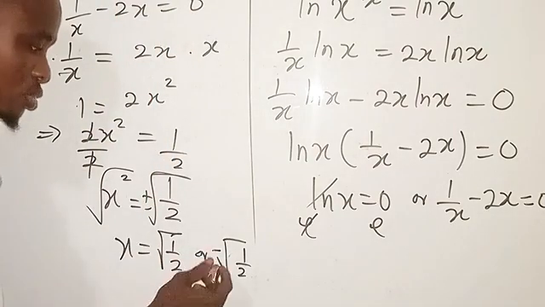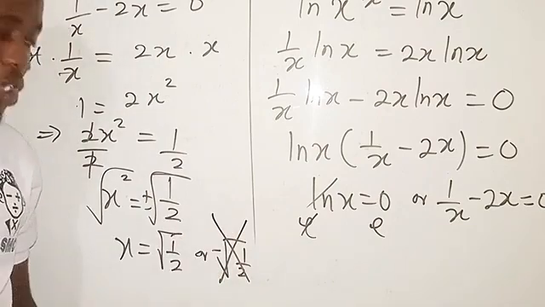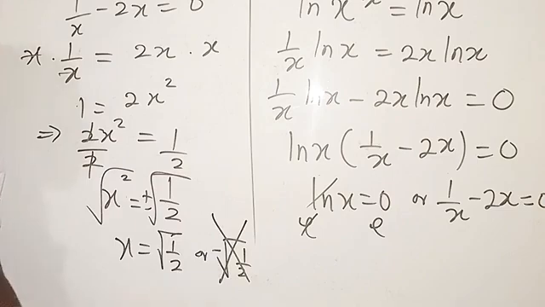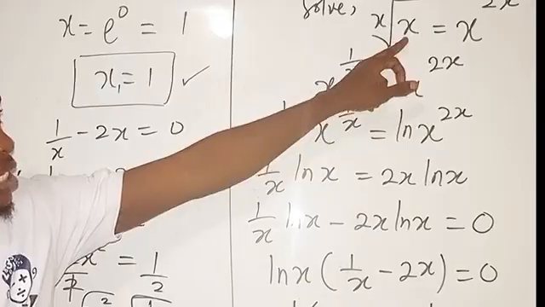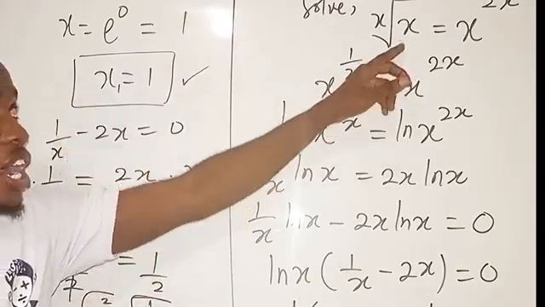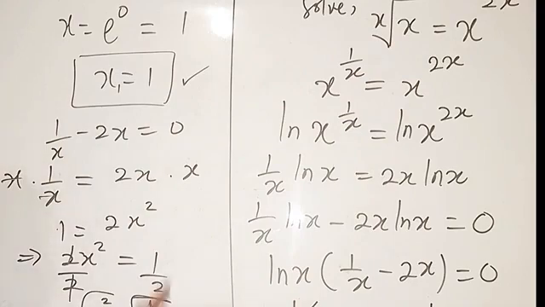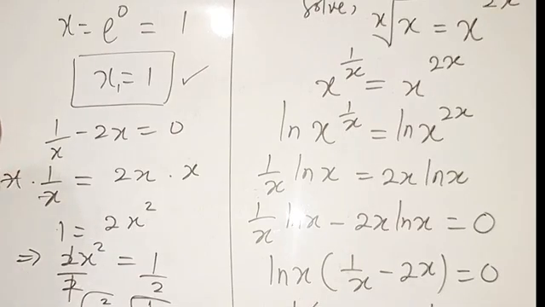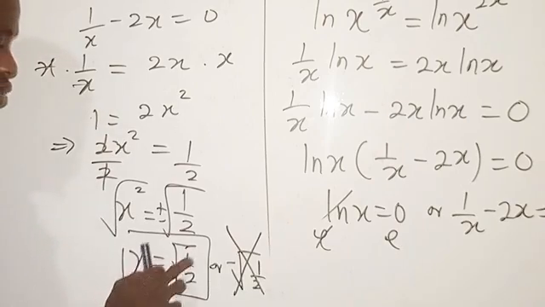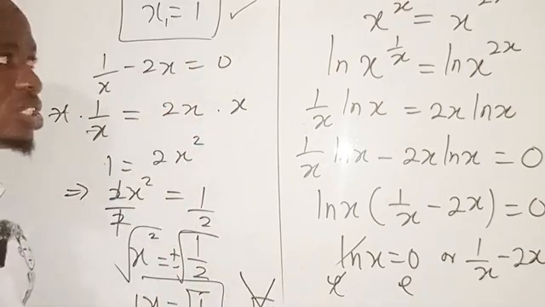But this third solution will be rejected because this is negative here. If you put the negative back here, we're going to have a complex solution or complex plane. So therefore we need to reject this. So we have just two possible solutions: x equals the square root of 1 over 2 and x equals 1, and that's the solution.